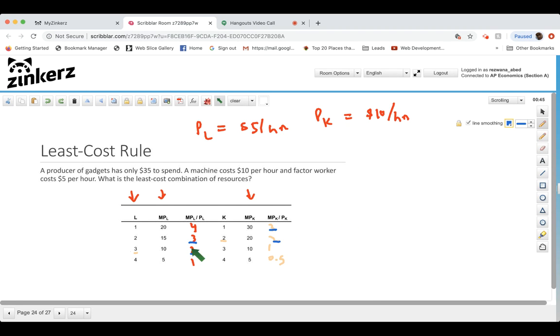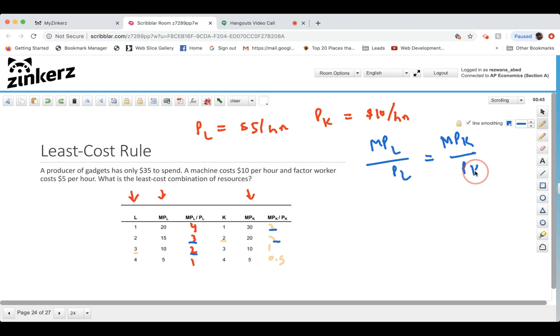So all I have to do now is figure out which one of these combinations to use. I know that I have satisfied the condition where the MPL over PL is equal to MPK over PK.